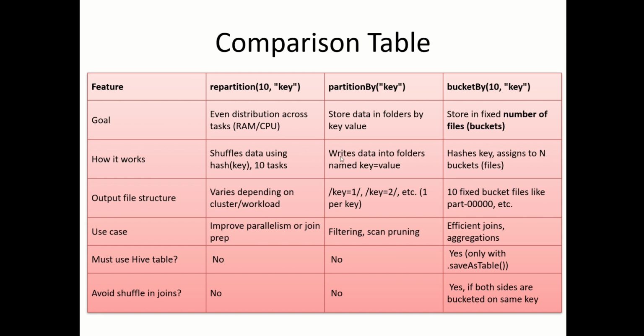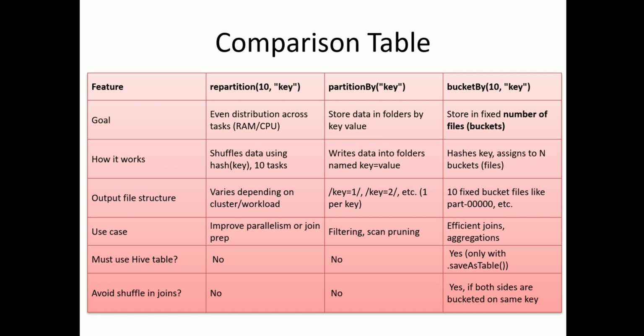In partitionBy, it writes data into folders named key equals value. So it writes the data into folders where column equals the value, suppose department equals HR, then department equals IT, department equals finance. It will be like that.